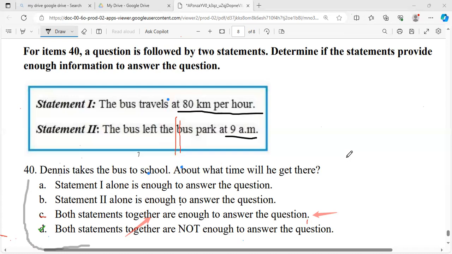Sir, can I explain? Yeah, man, but give her a chance first. We have time, guys. Taylor, go ahead. It's D because you need to know what time you will reach the school before you can get your answer about what time will he get there.